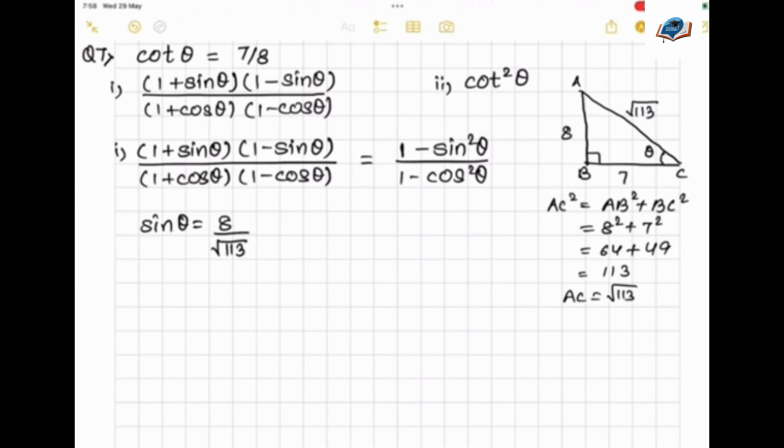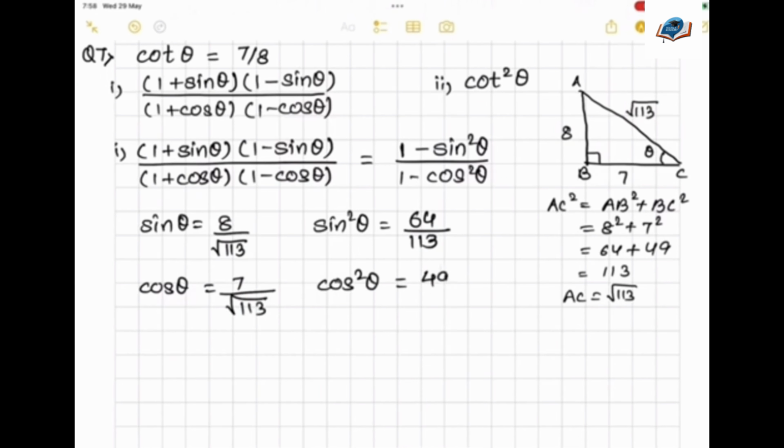Now I need sine theta's value and cos theta's value. So sine theta will be 8 upon root 113 and sine square theta will be 64 by 113, and cos theta equals 7 by root 113. So cos square theta will be 49 upon 113.